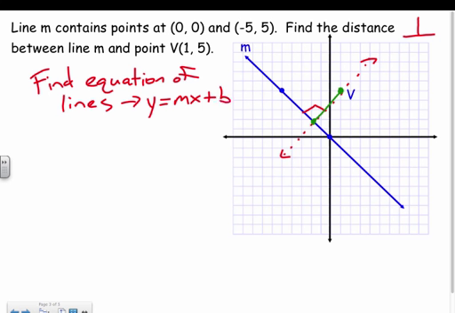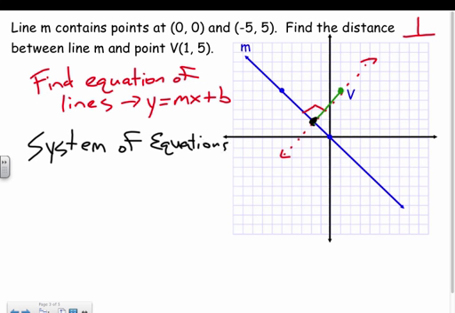Next, once I find the equations, I need to know the point where they intersect. If I think back to algebra, how do I find the point of intersection when I know the equations of the two lines? That's where we set up a system of equations, because that will solve for the point of intersection.